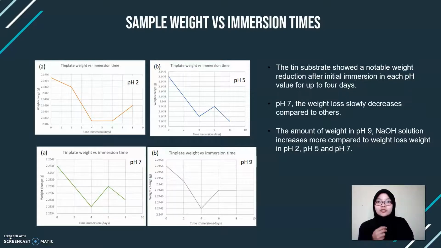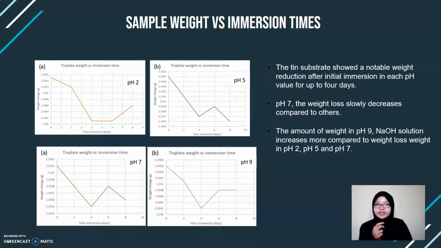The presence of chloride ions in the corrosion medium might explain the behavior. The corrosion process in different pH values of HCl solution, which are pH 2 and pH 5, may be attributed to the presence of dissolved oxygen according to the results data.